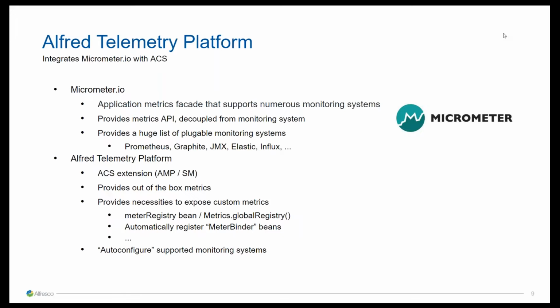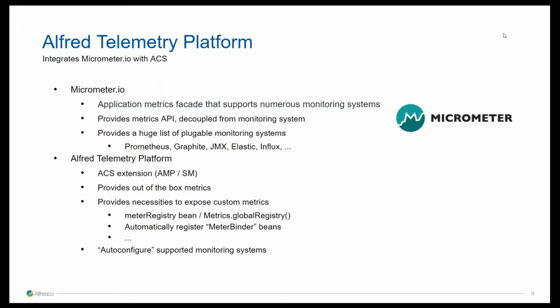For example, Alfred Telemetry platform exposes a meter registry bean in the Spring context, which you in your custom extension can use to register and maintain your own counter or your own gauge, for example.